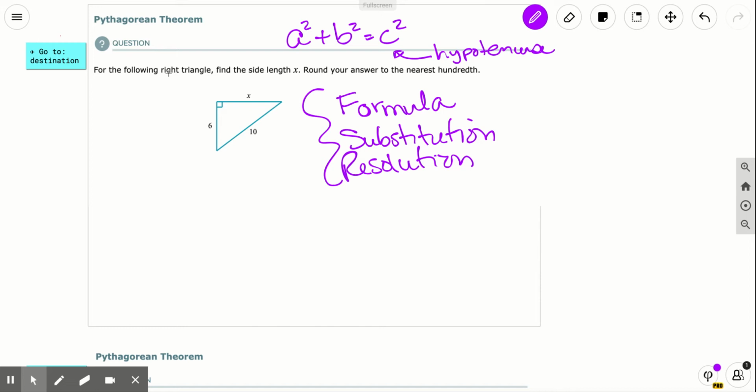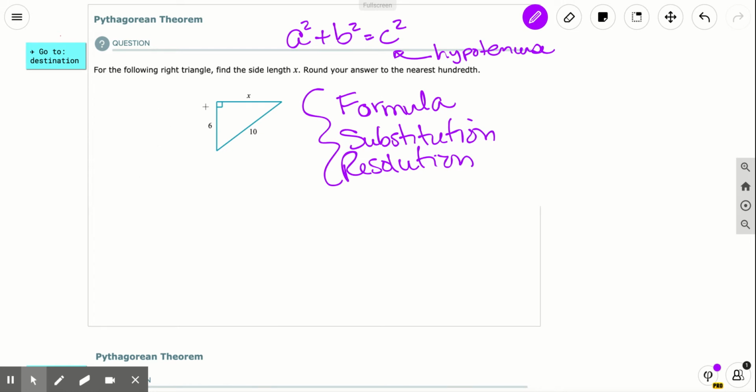Anyway, he did come up with this theorem: a squared plus b squared equals c squared. Of course, they didn't even have letters back then. They just said the sum of the square of the two sides is equal to the square of the longest side, something like that.